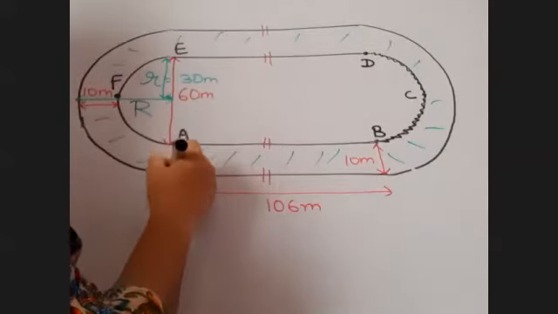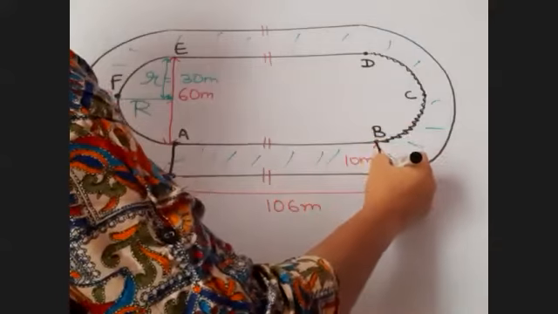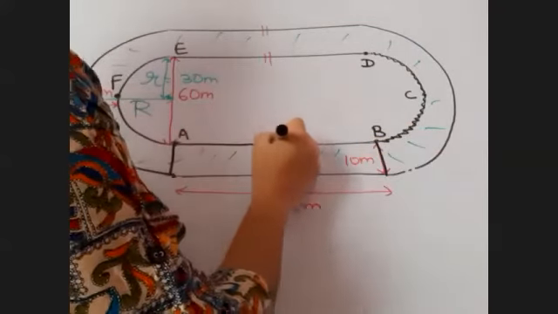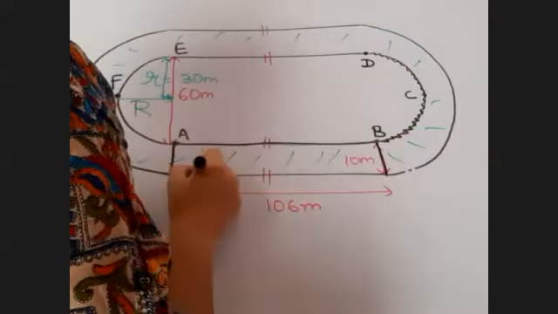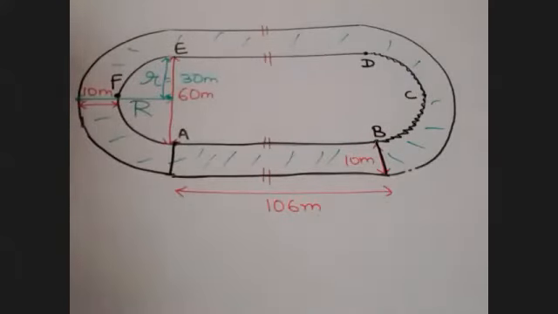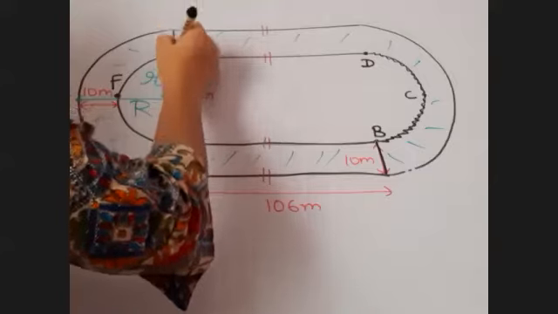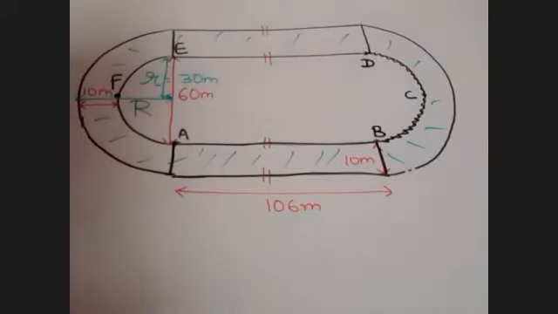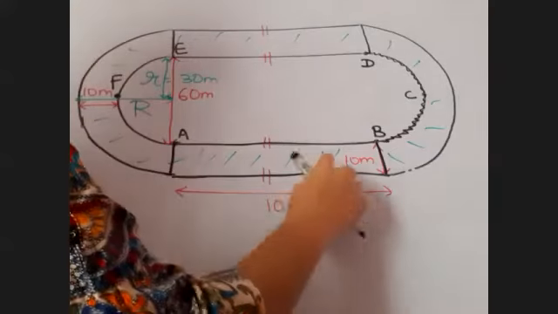Let us divide this entire area of the track into smaller parts. What shape is this? Rectangle. Likewise here. What shape is this? Rectangle.